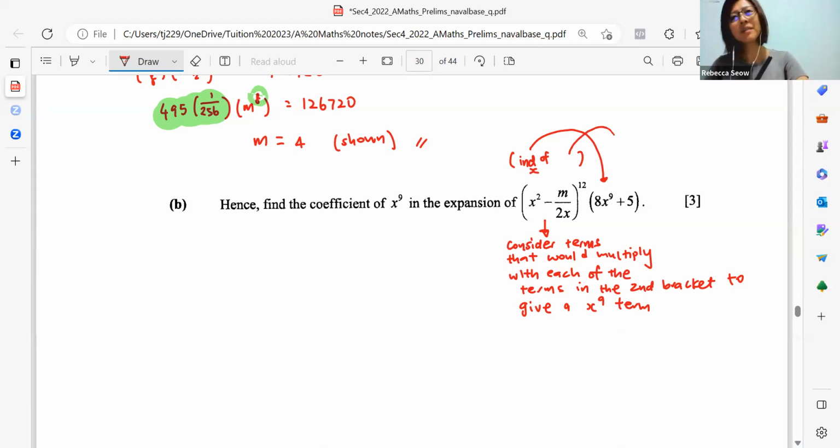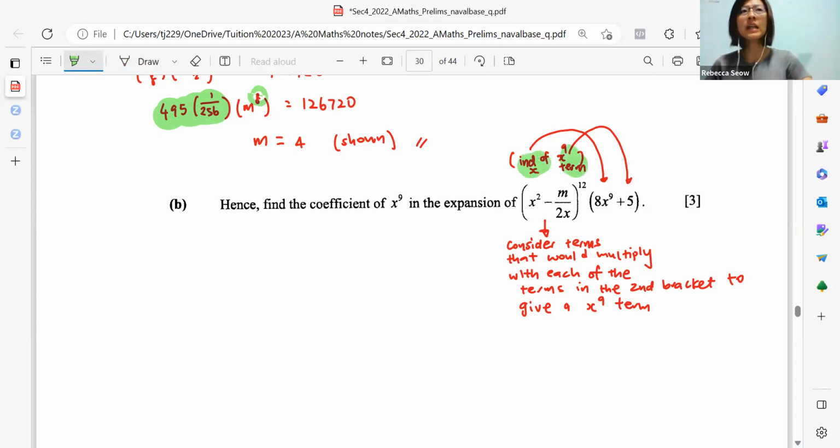Another term got to multiply by 5 as we rainbow the terms out to give you an x to the power of 9 term. So this other term that we need to consider would be an x to the power of 9 term. So we need to consider two separate terms, one here and another here.